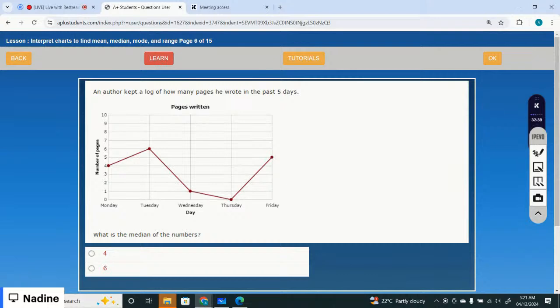An author kept a log of how many pages he wrote in the past 5 days. What is the median of the numbers?